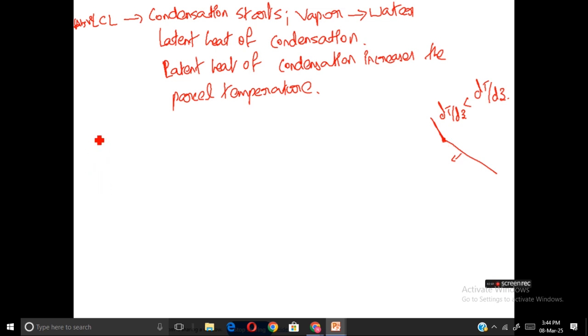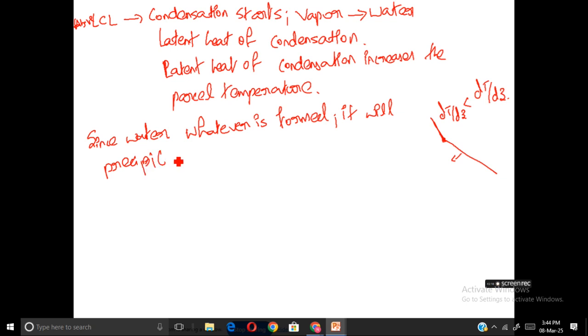And whatever water is formed within the parcel will precipitate out. So we assume that whatever water is being formed within the parcel is precipitating out. In this case, some matter or some amount of material is leaving the system, which can take some of the heat within the system as well.